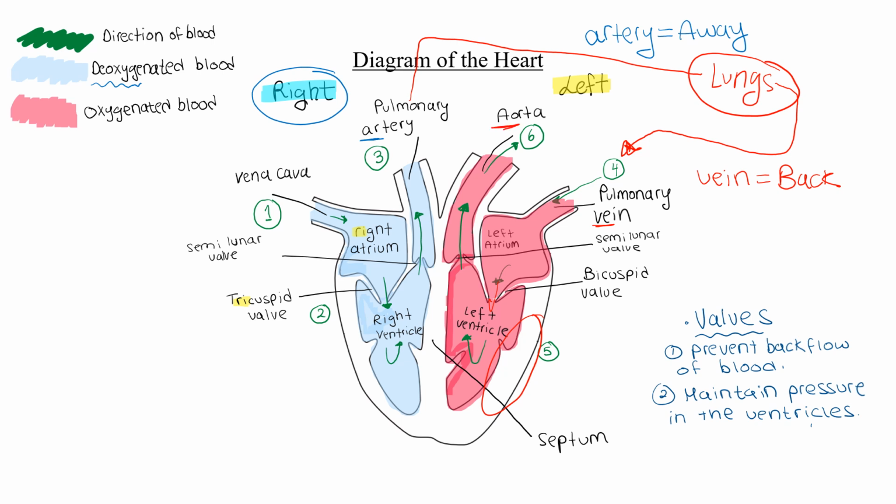Remember, the aorta is an artery, and arteries push the blood away. Now, valves are important as number one, they prevent the backflow of blood, and number two, they maintain pressure in the ventricles. Now, notice how this muscle over here is much thicker than the muscle over here.